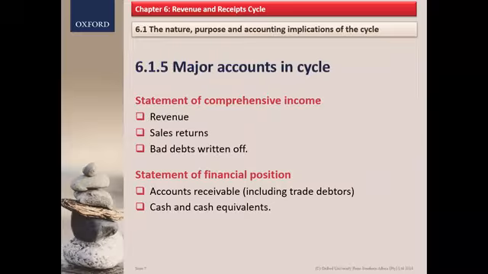So we first look at the statement of comprehensive income, also known as the statement of profit or loss. What we have there is your revenue, which is how you earn your money or what you actually do. Revenue in most cases defines what an entity does.